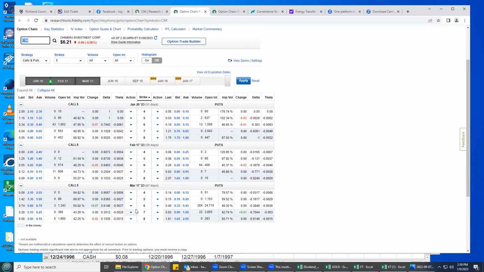And if you go all the way out to March, you kind of need to know when the next dividend is going to be to see how that hits. But you can say, I can get an extra 10 cents, or I don't have to worry about it, just go to March and get 15. If I can get 20 cents more, which is not quite. You wanted to get quarterly.